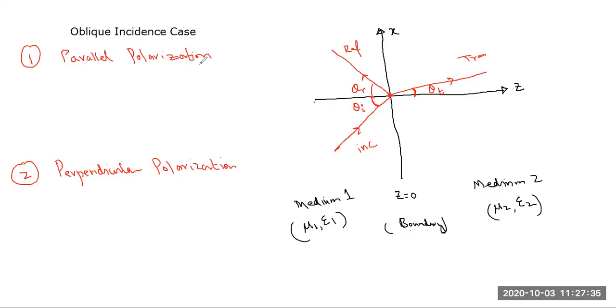So what is the criterion to find out whether you are solving a parallel polarization case or a perpendicular polarization case? This is decided based on the direction of the electric field.